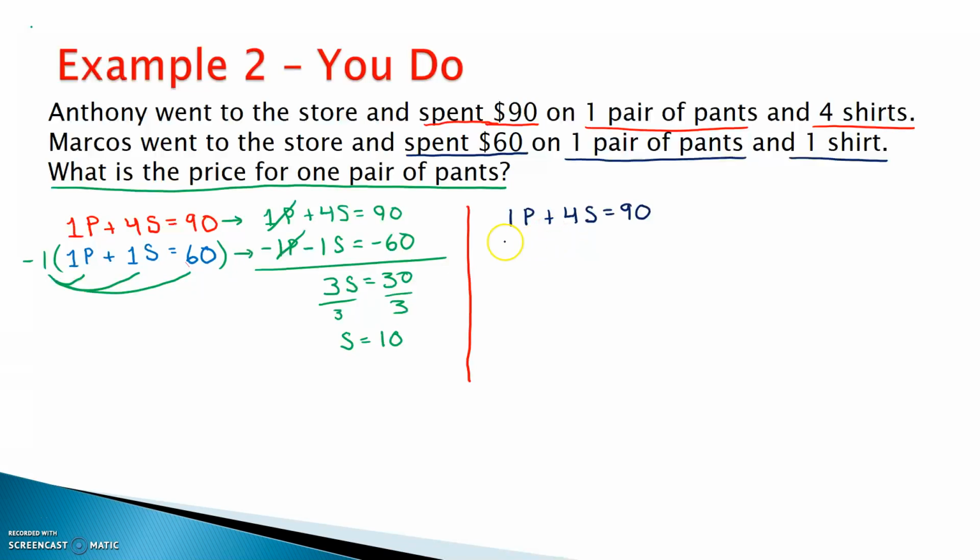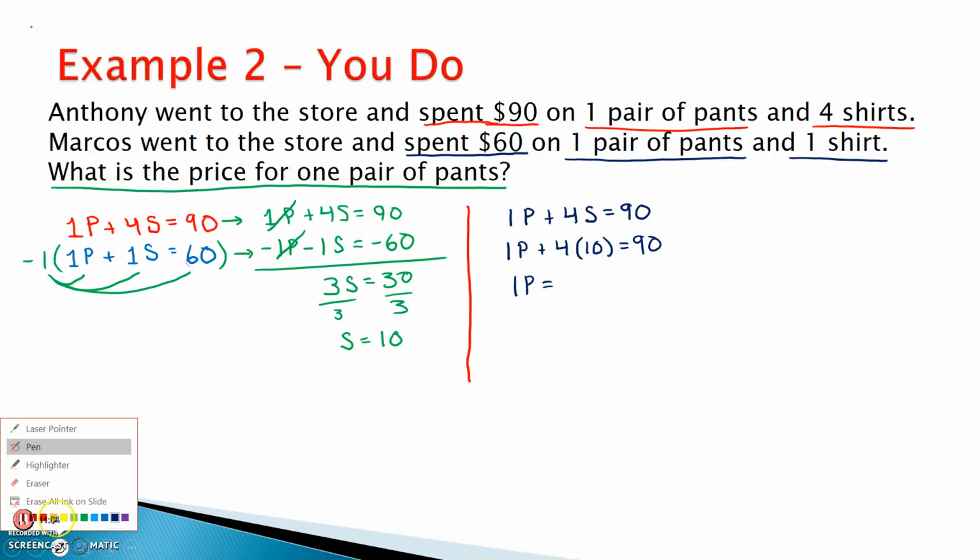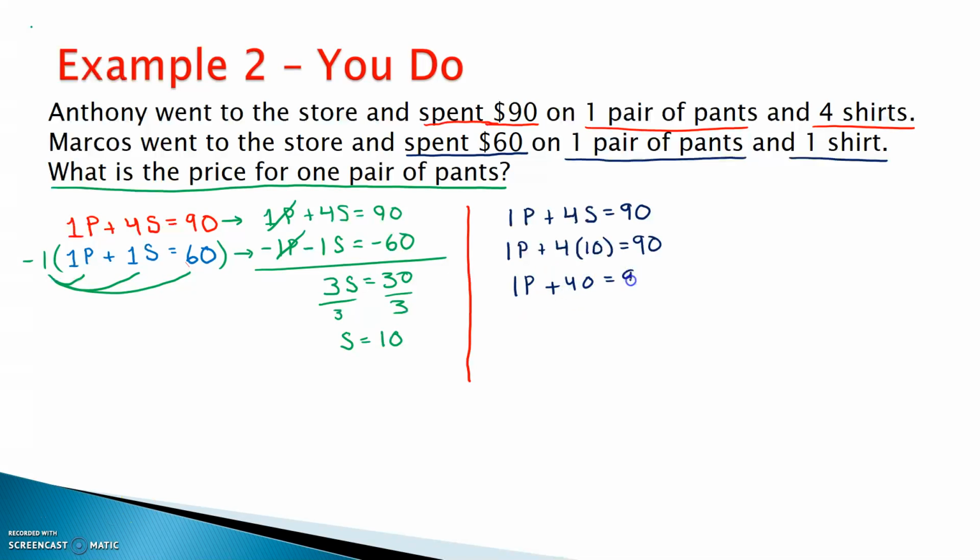I'm not going to write that sentence because that's not what it's asking for. So I will put 1p plus 4 times the $10 shirts is equal to 90. What is 4 times 10? That's 40, is equal to 90.